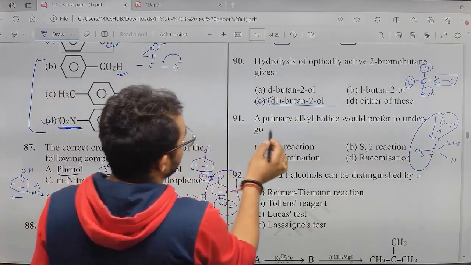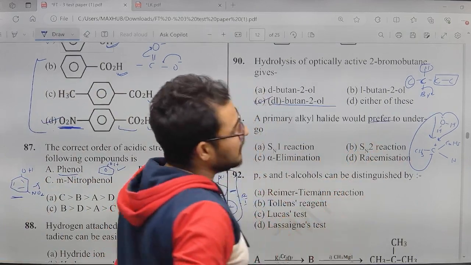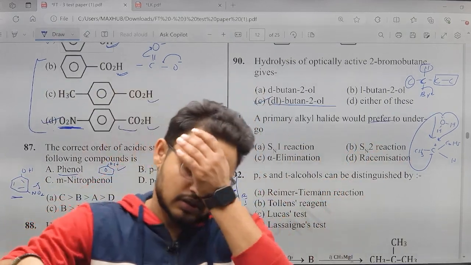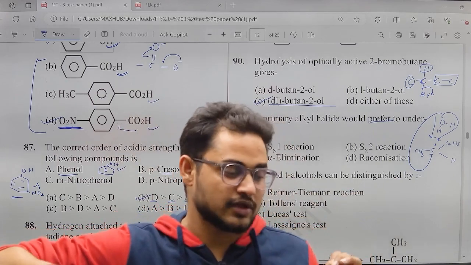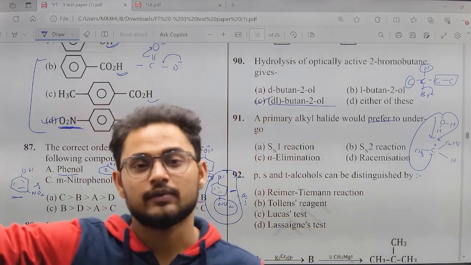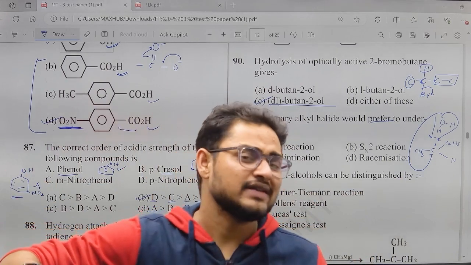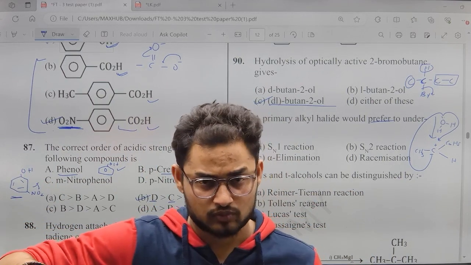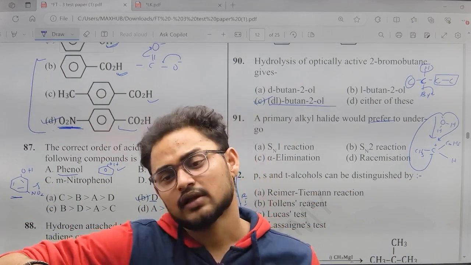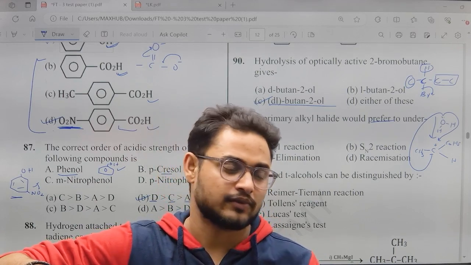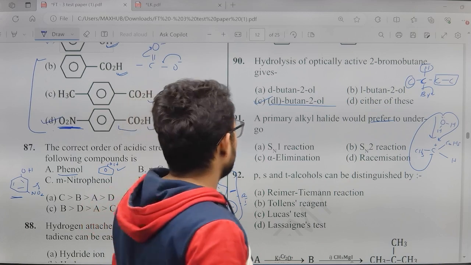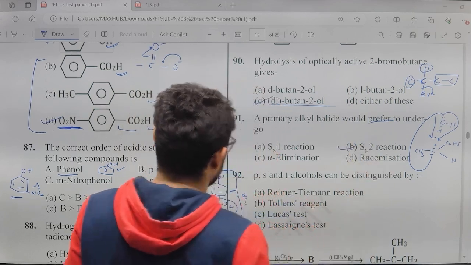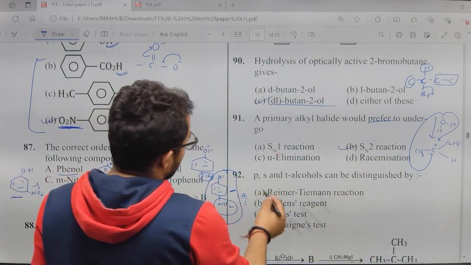In a primary alkyl halide, online students, a nucleophile can attack easily. In the same step, the nucleophile attacks and the leaving group departs. So it is SN2. We know 3 degree alkyl halide prefers SN1 and 1 degree provides SN2. So very straightforward question.